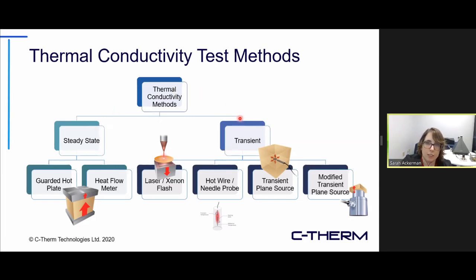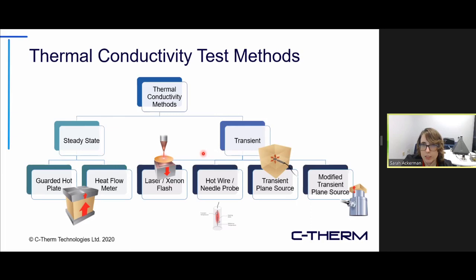On the other end of the scale, you have the transient test methods. These are test methods where the measurement is taken before the material hits steady state. And in fact, the transient phase is specifically what is analyzed in order to get the material thermal properties.